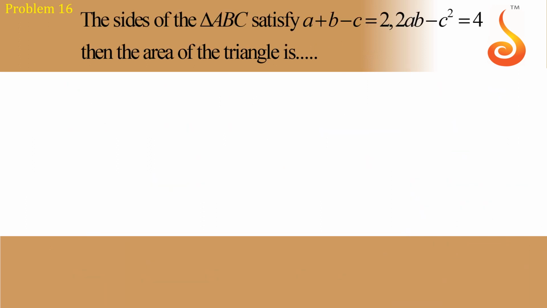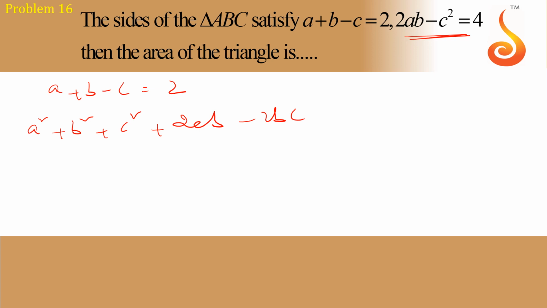Next problem. The sides of the triangle ABC satisfy a plus b minus c equal to 2. And one more piece of information is given, 2ab minus c square is 4. Okay. Now if I square this, what will I get? a square plus b square plus c square plus 2ab minus 2bc minus 2ac equal to 4.